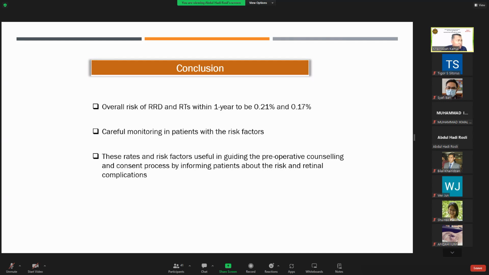That will be the same thing with the risk of RRD in a patient who has undergone cataract surgery. So for the teaching part, at least we understand that this is the so-called average outcome globally, or whatever the article has highlighted.